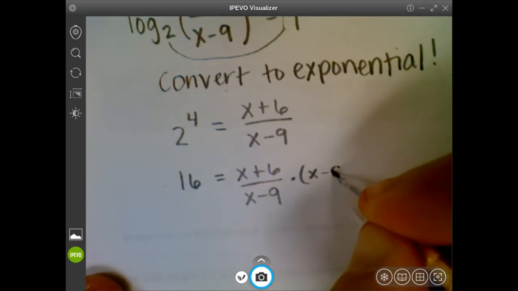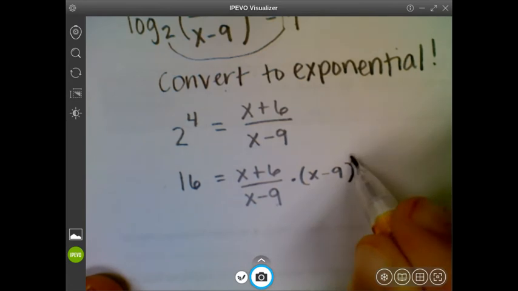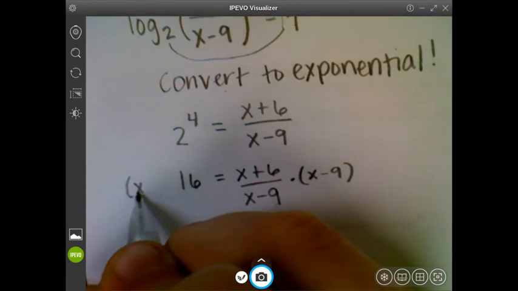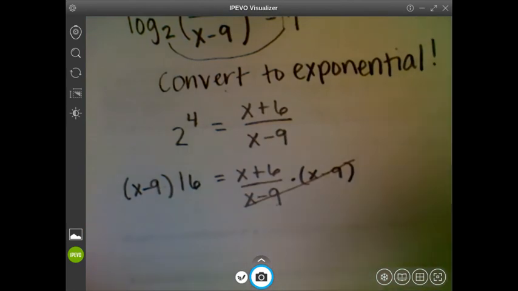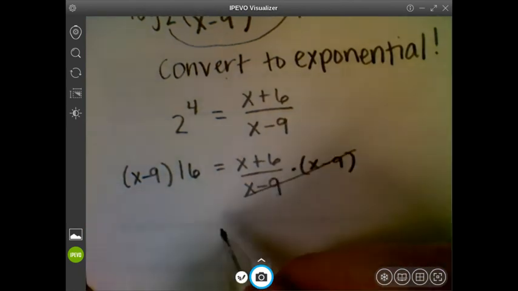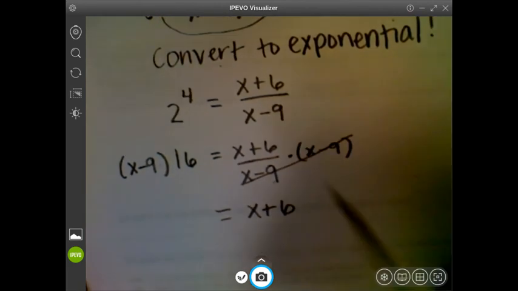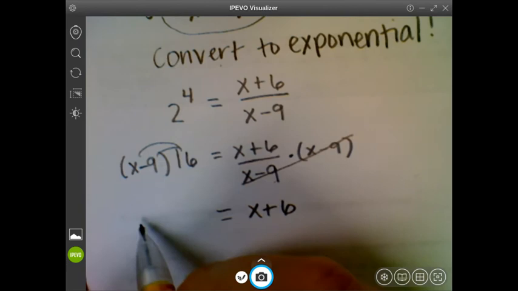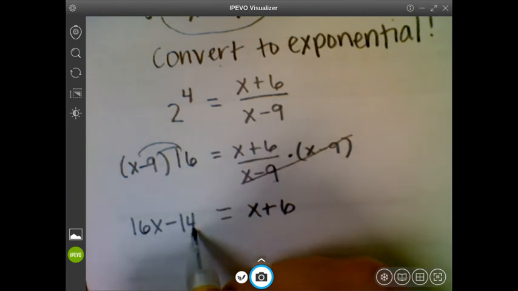You multiply by whatever is in the denominator, so since x minus 9 is the denominator, you multiply by that on both sides. Over here they make a 1 essentially and just go away, so we're left with x plus 6. On this side, you distribute 16x, and I have minus 144.